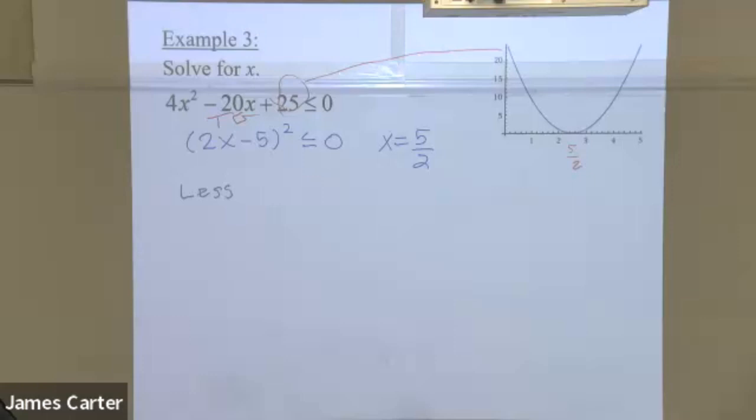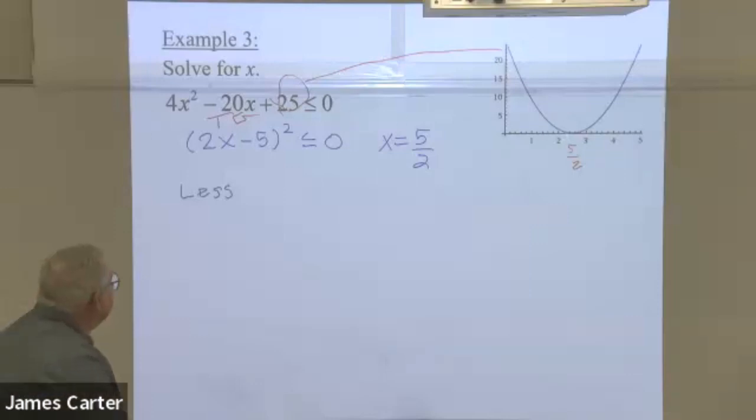Now the question is, what part counts? Well, in this case, it's a less than or equal, so anything on the axis is included. Anything above the axis is excluded, because this says stuff lower than 0, or equal to 0.